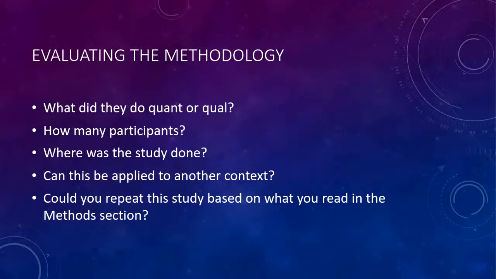If you could sample 10, that's 10% of the population. That could be statistically significant. The more would be better, but your job really isn't to look at whether it was statistically significant. They should have found or presented that information. But what you want to look at is how much of the population did they sample? If it's qualitative, who did they interview and how many people did they interview?